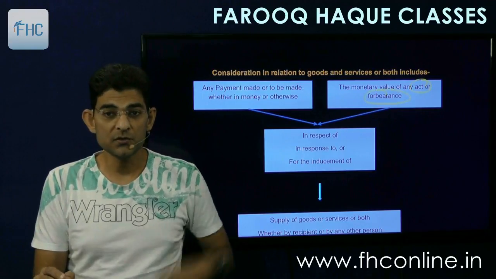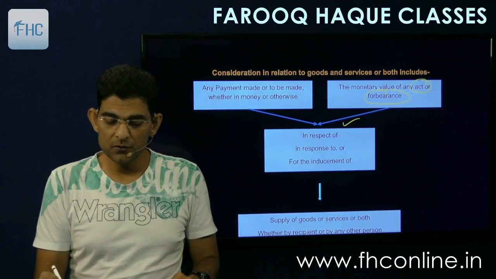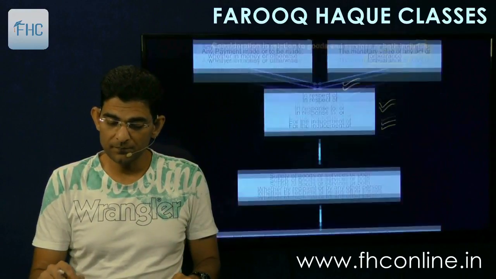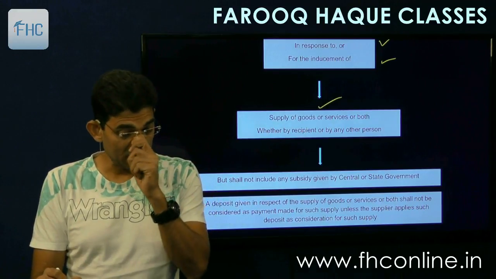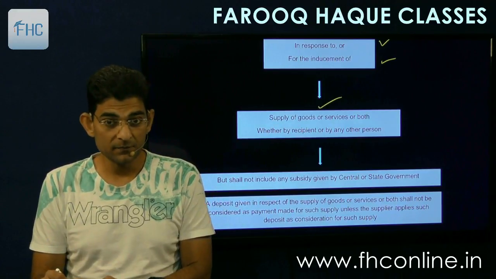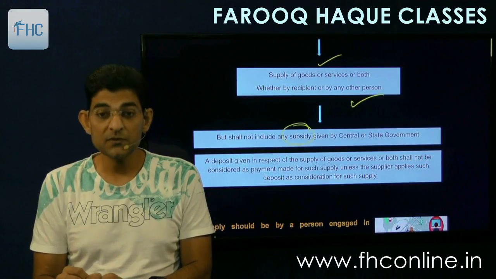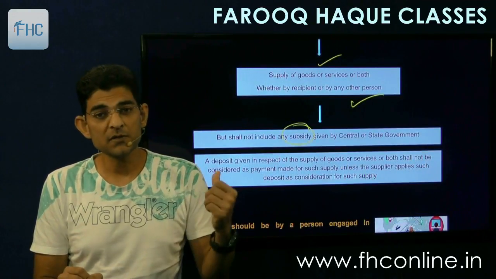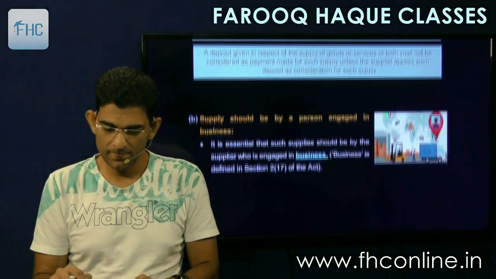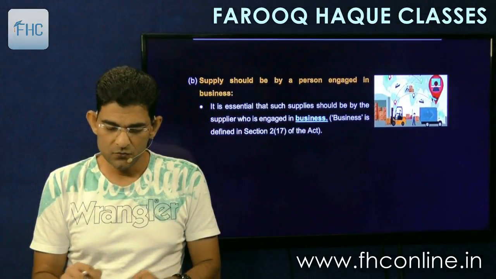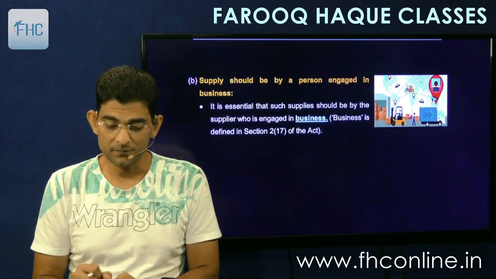These are the 2 points, A and B, and then the other points are similar: in respect of, in response to, or inducement of supply of goods or service, or both, whether paid by the recipient or by any other person, but shall not include subsidy. So one point is subsidy, it will not be included. Second point is regarding deposit. So the chart will help you remember the definition of consideration.